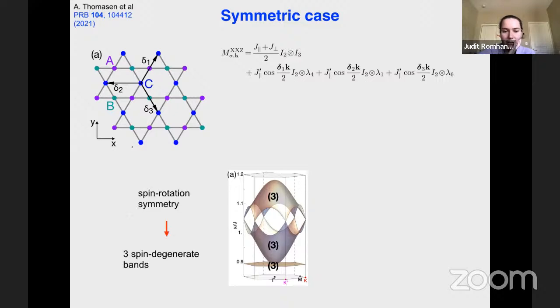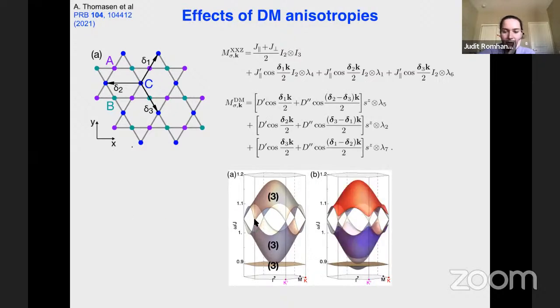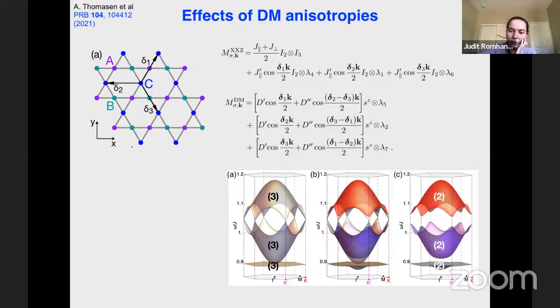And now if we include the Jaworski-Mole interaction, then that will have an effect on the +1 and the -1 triplet. So the red and the purple and these black bands in the bottom, they would be twofold degenerate with the + and -1 indices, but the zero triplet is going to remain unchanged.